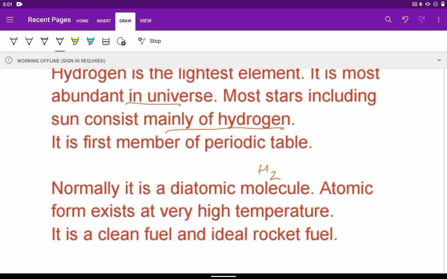It is possible because the two atoms are covalently bonded, and this bond has to be broken. This bond can be broken at a very high temperature. So then we can find the atomic form of hydrogen. It is a clean fuel, and since it does not produce any dangerous pollutants, it is an ideal rocket fuel as well.